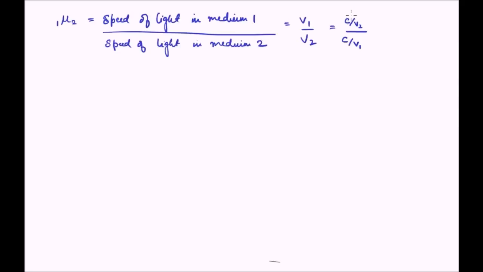And C upon V2, as we just discussed now, is the speed of light in vacuum by speed of light in medium 2, and that is refractive index of second medium, and this is refractive index of first medium. So what we have got here is that the refractive index of second medium with respect to first medium is refractive index of second medium with respect to vacuum upon the refractive index of first medium with respect to vacuum.